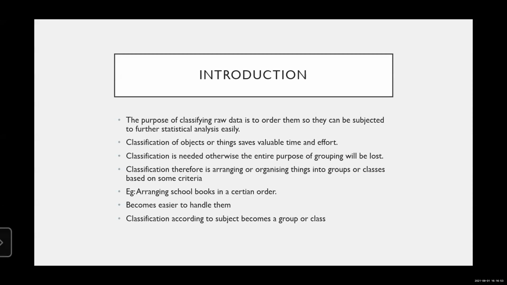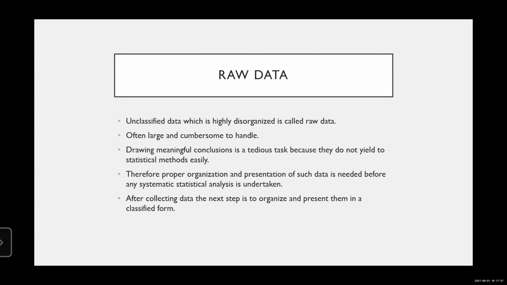For example, when arranging school books in a certain order, it becomes easier to handle them. Classification according to subjects becomes a group or class. Raw data, unclassified data which is highly disorganized, is called raw data. It is often large and cumbersome to handle.